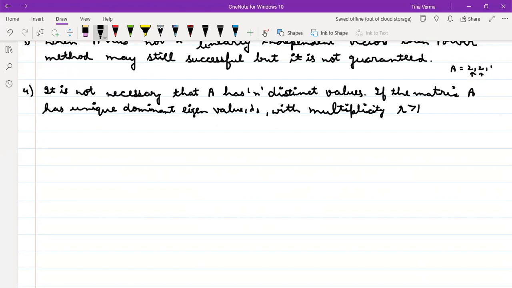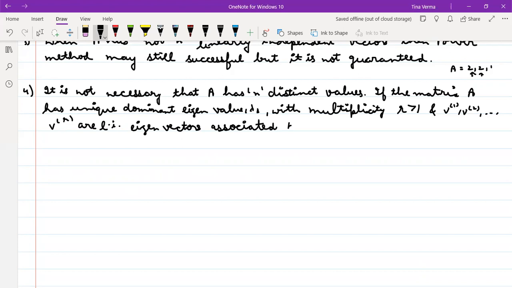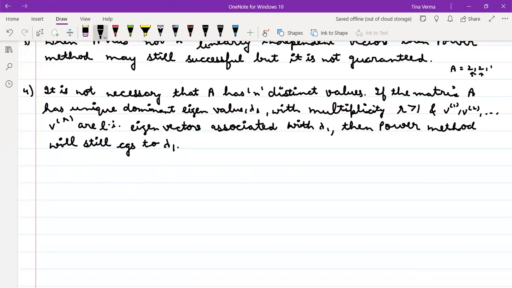So if an eigenvalue has multiplicity r, and its vectors v1, v2, up to vr are linearly independent eigenvectors associated with lambda 1, then the power method will still converge to lambda 1. That means if the multiplicity of your eigenvalue is greater than 1, the power method will still converge to lambda 1.